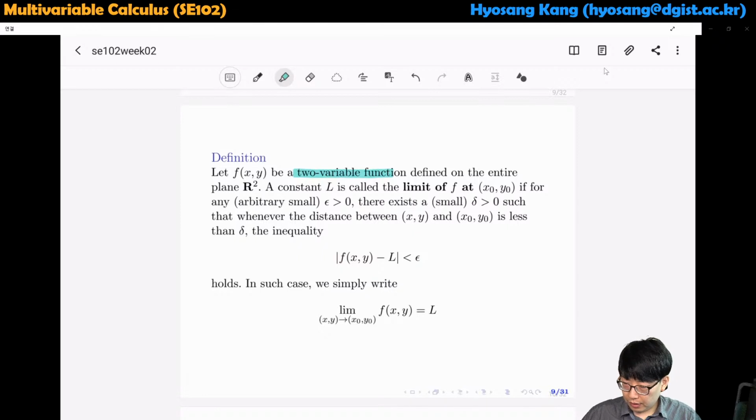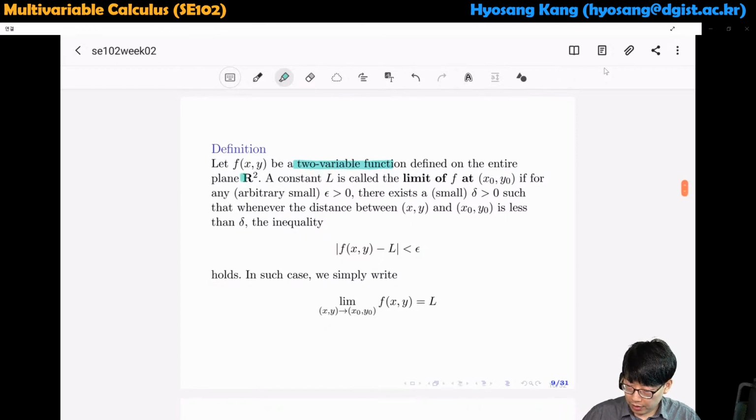Suppose that this function is defined on the entire two-dimensional plane.